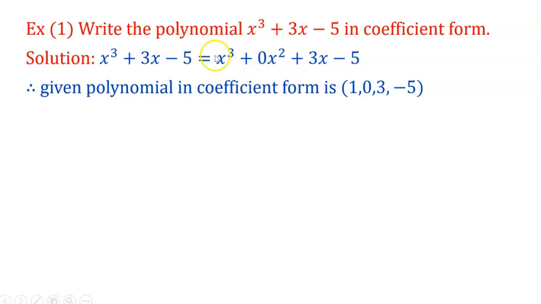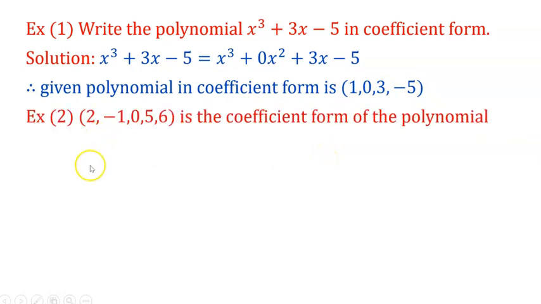It is 1. Next, coefficient of x square is 0. Coefficient of x is 3 and the constant is minus 5, and therefore 1, 0, 3, minus 5. This is coefficient form.